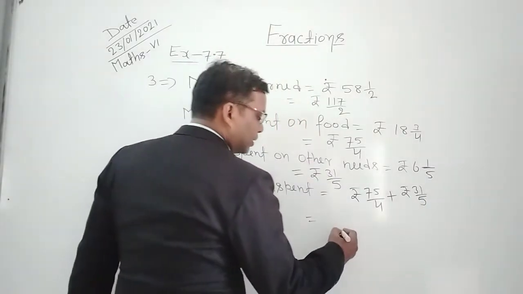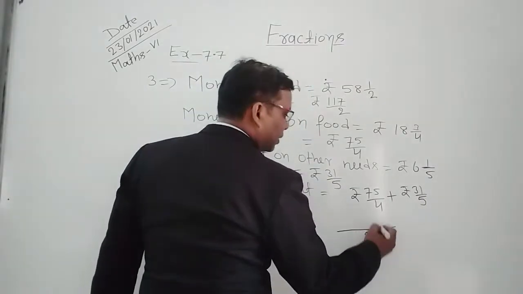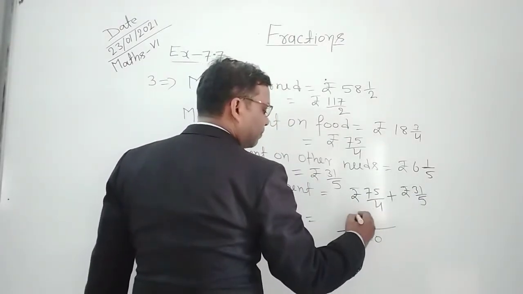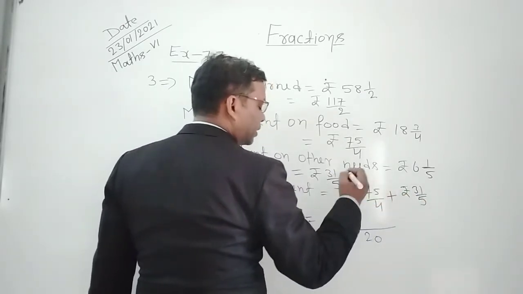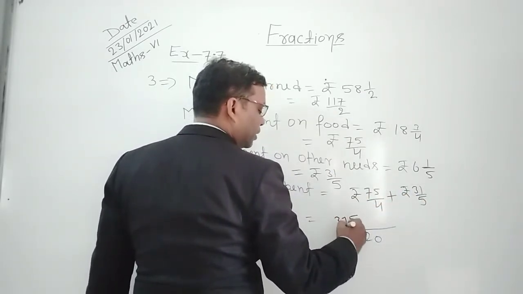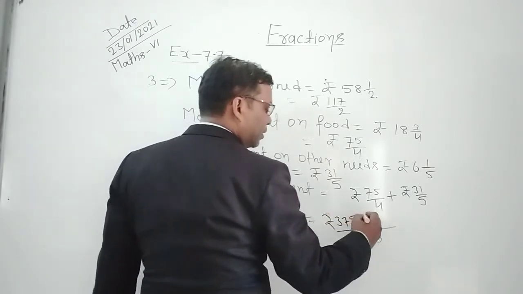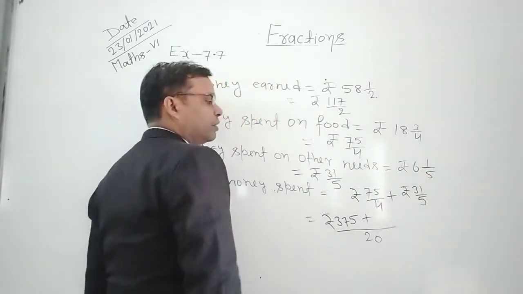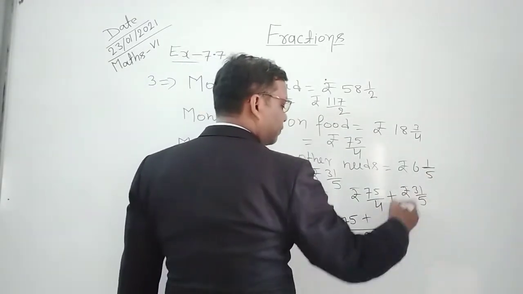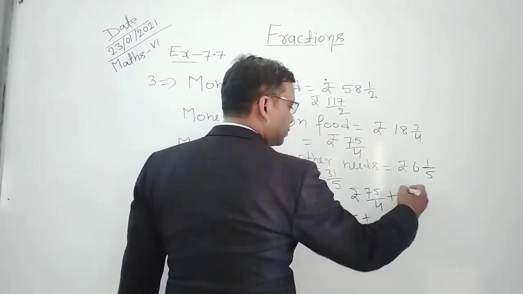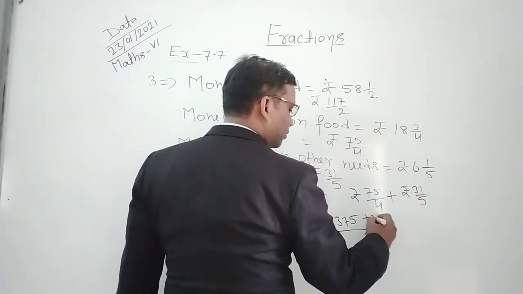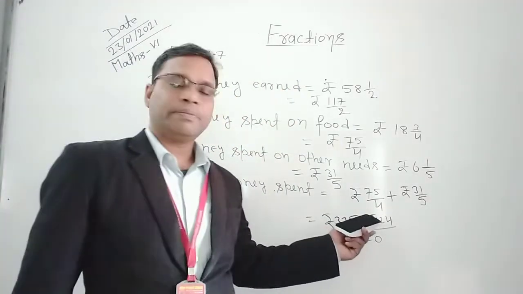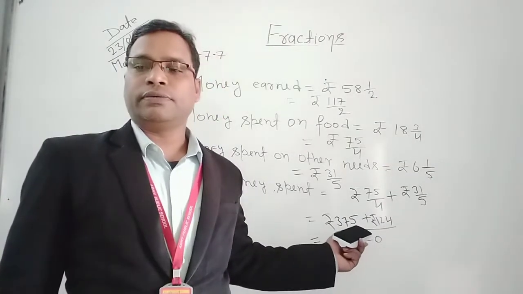So it becomes 20, and you multiply it by 5. So 5 into 5 is 25, carry 2, 5 7s are 35, 35 plus 2 is 37. Clear? Now, plus 31 multiplied by 4. So 4 1s are 4, and 4 3s are 12. Add them, you get 375 plus 124.